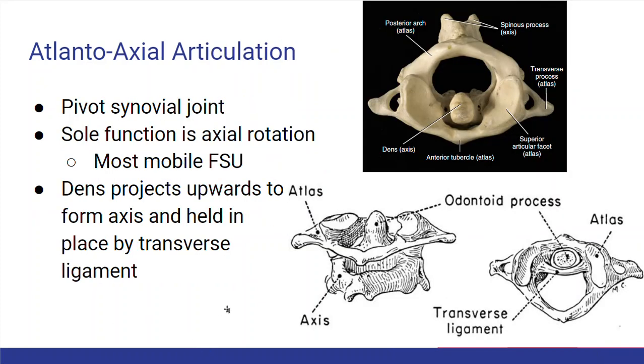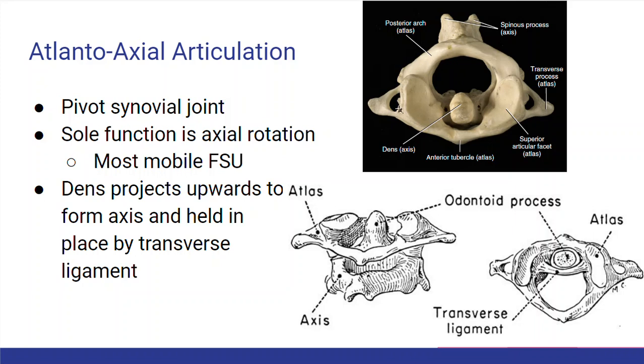If we go down to the atlantoaxial articulation, this is a pivot point. You can see the dens peeking up through the atlas.